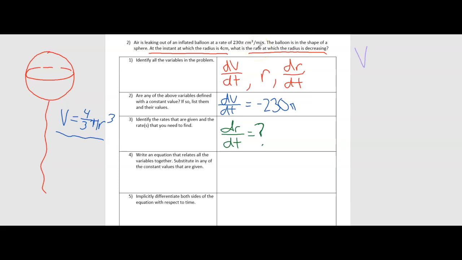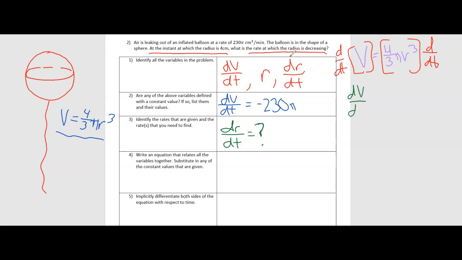So I'm going to do this over here. Volume equals 4/3 pi r cubed. Let's fix that a little bit. Going to differentiate both sides with respect to time. So d/dt of the left-hand side, well, that's easy.